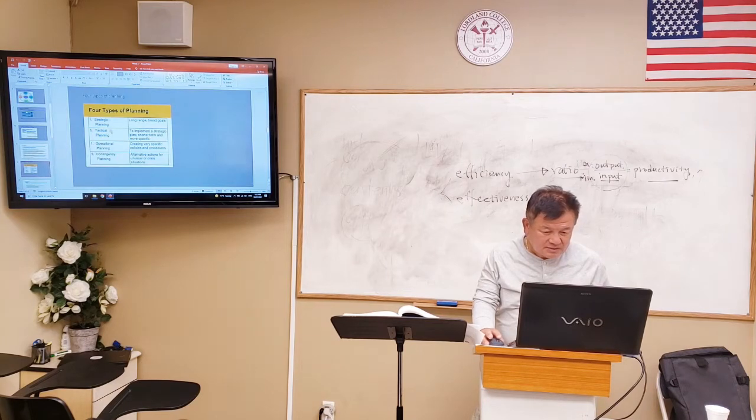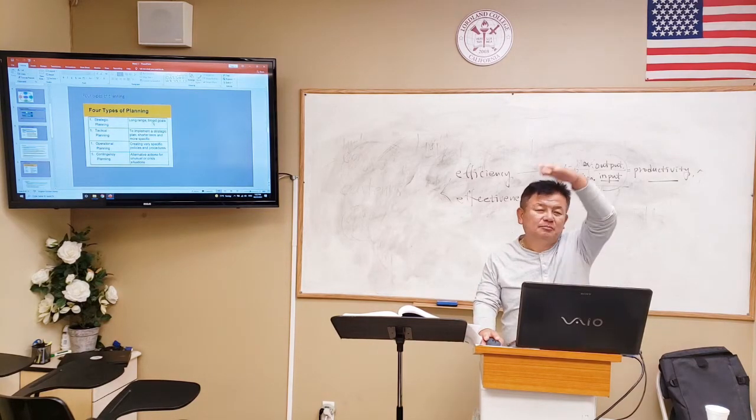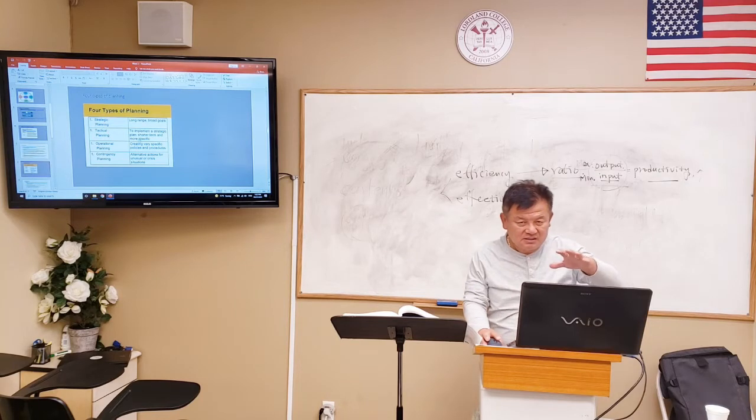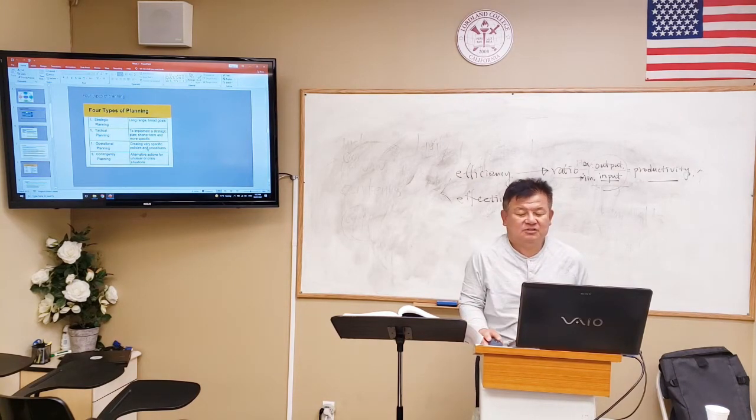So again, there are 4 types of planning. Strategic planning is long range, 1 to 5 years, with broad goals and vision. Tactical planning is to implement a strategic plan, shorter term, 1 year or below, and more specific than the strategic plan. And operational planning is creating very specific policies and procedures.